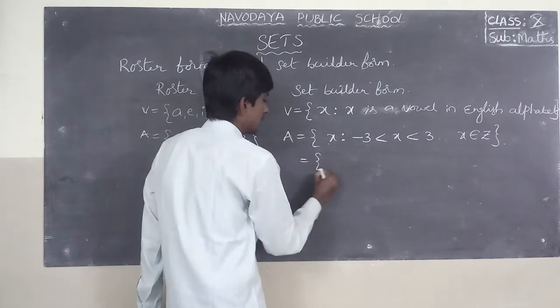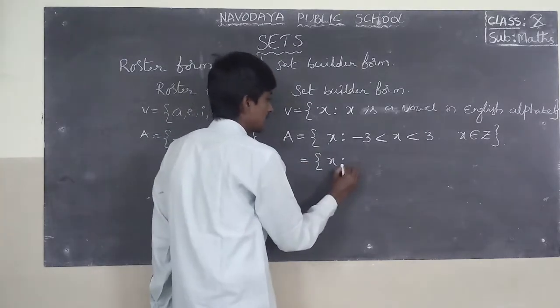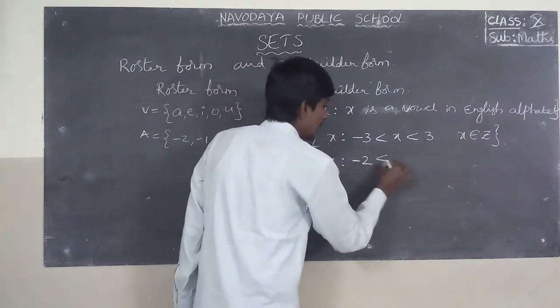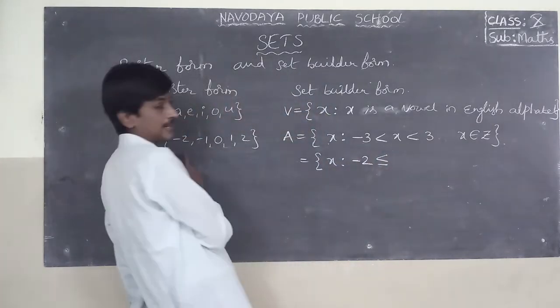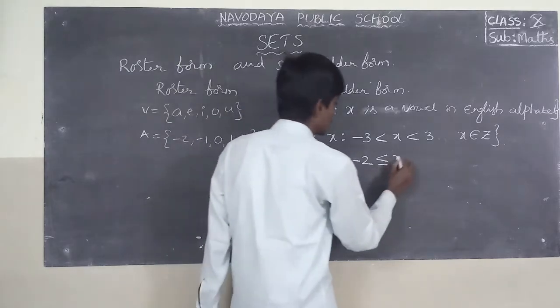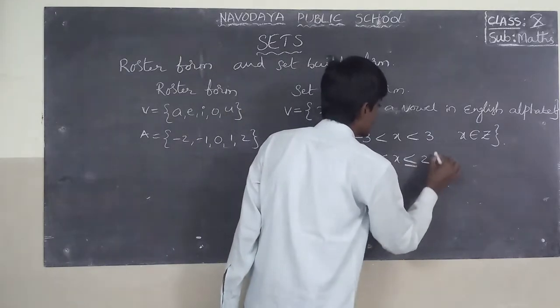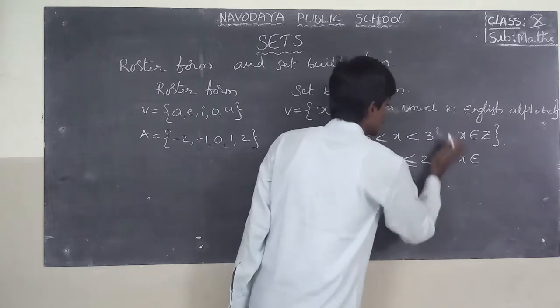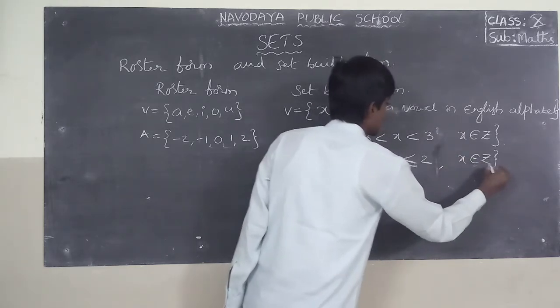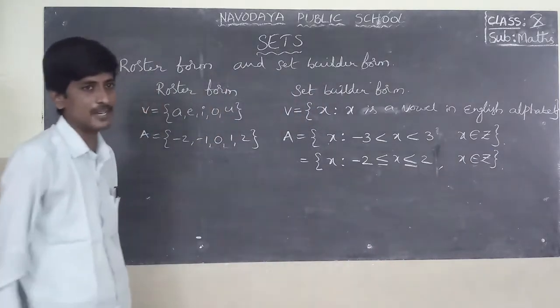Or this can be written as x such that -2 less than or equal to x less than or equal to 2, x belongs to Z, including -2. You can write like this also.